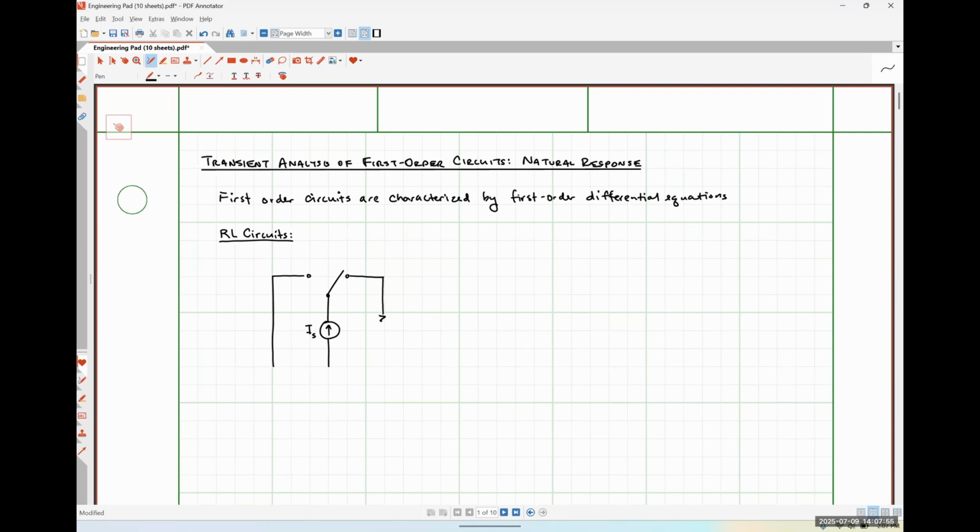Let's say over here on the right, I have some resistance, which I'm going to call REQ because it's representing the equivalent resistance of some larger system. And also, I'm going to have some inductance over here that I'm going to call LEQ, representing the equivalent inductance of some larger system.